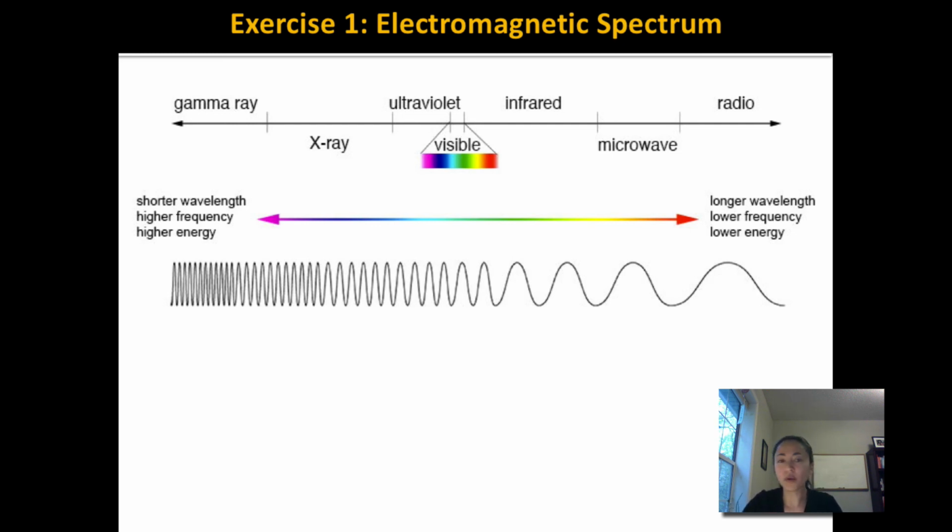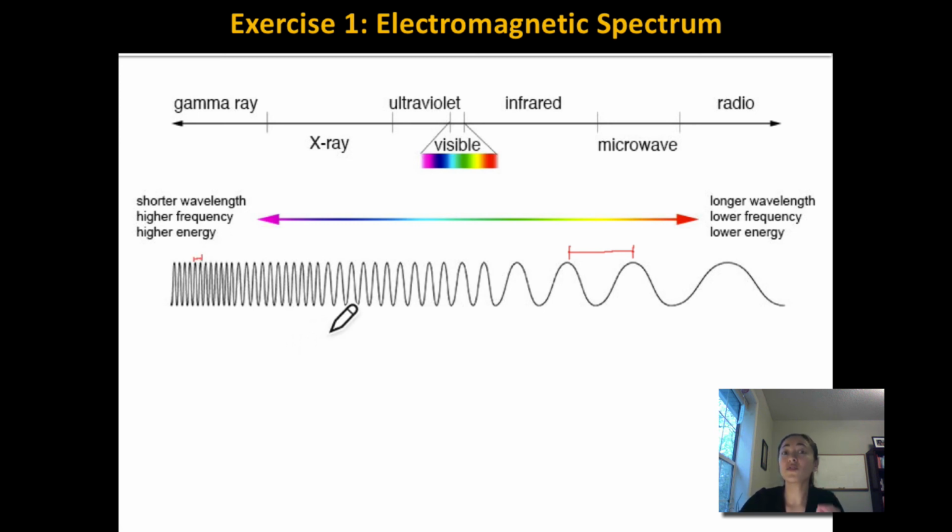When we're talking about wavelength, we're talking about the distance between the peaks here. So here you can see that microwaves and radio waves have a very long wavelength, whereas things like gamma rays and X-rays have a very small wavelength, the distance between the peaks.